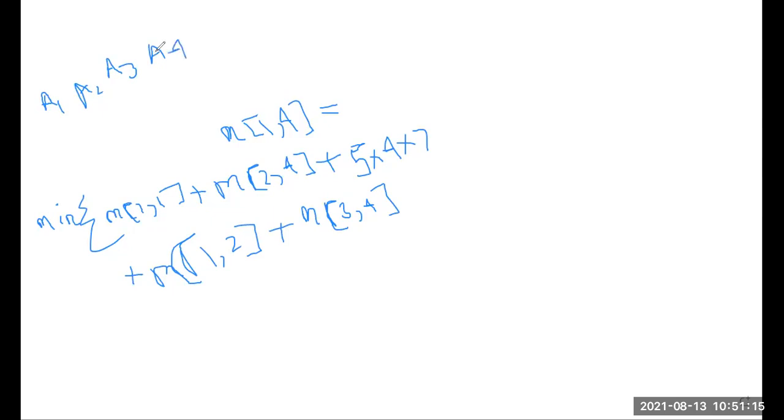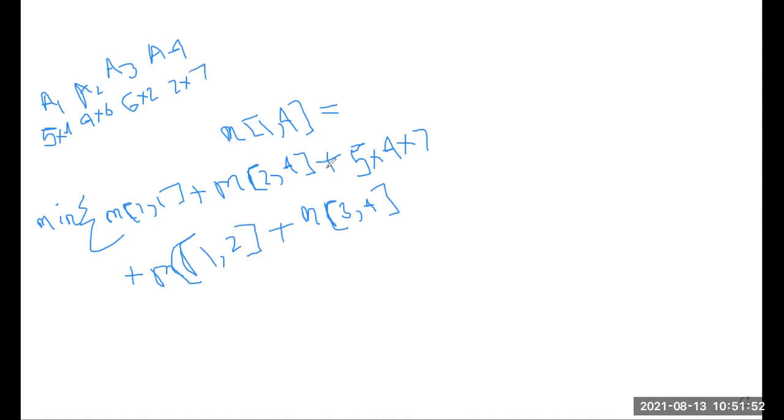A1's dimension is 5 into 4. Then A2's dimension is 4 into 6, and A3's dimension is 6 into 2. And A4's dimension is 2 into 7.